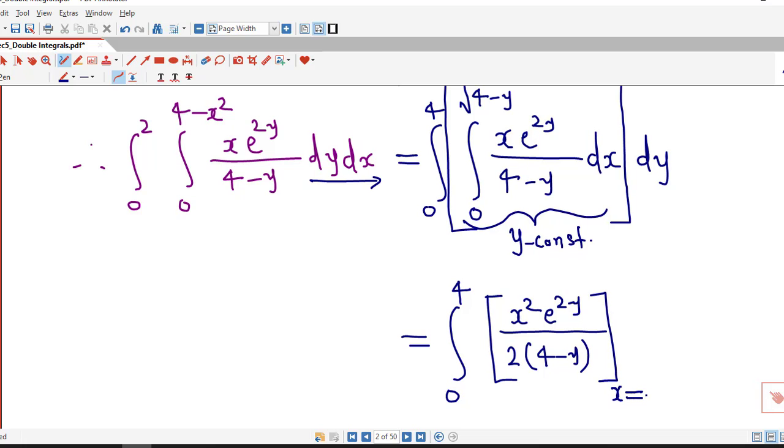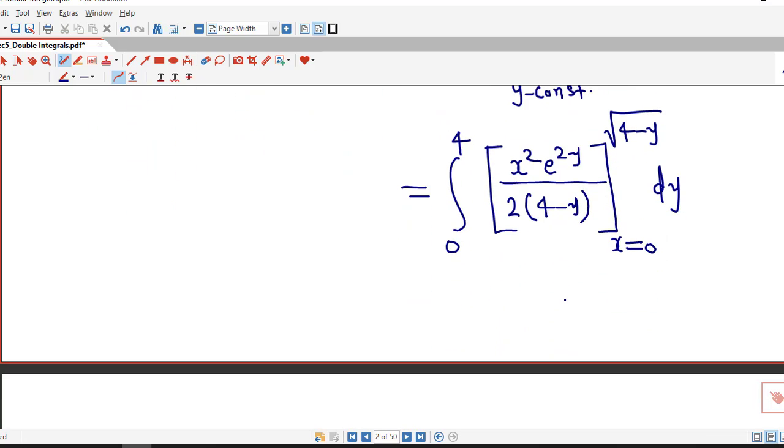Limits of x are from 0 to square root of 4 minus y, and then we will integrate with respect to y. So first we put x equal to square root of 4 minus y.